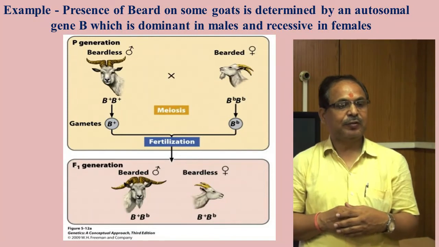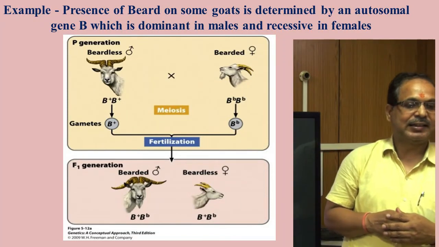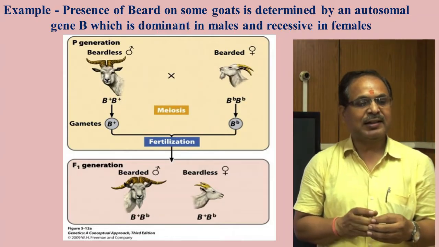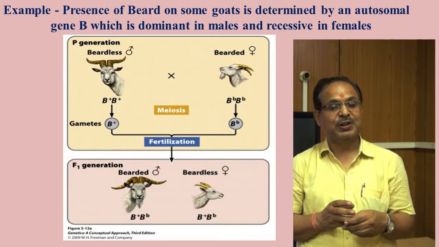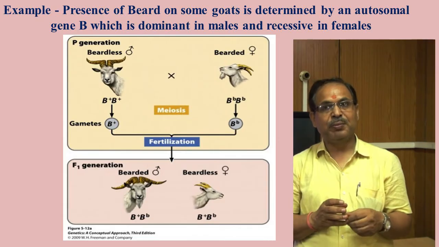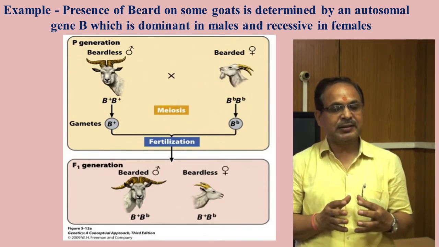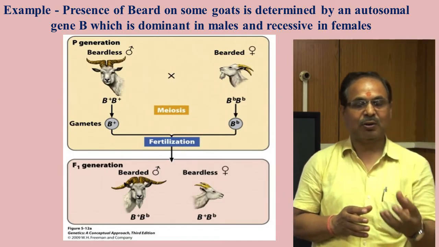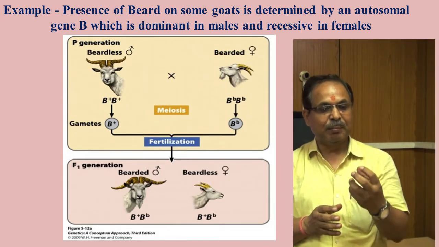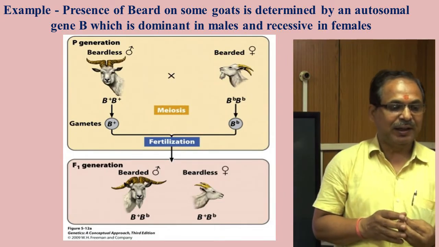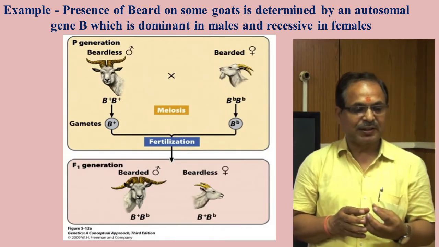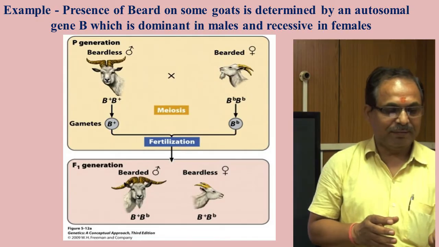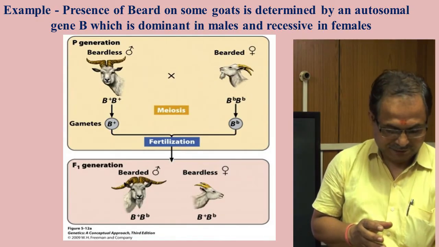The next example of sex influenced characters is the presence of beard in goats, which is determined by an autosomal gene B, which is dominant in males and recessive in females. When a beardless male was crossed with a bearded female, in the F1 generation we have bearded males and beardless females.